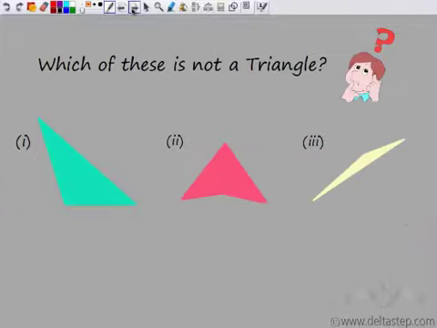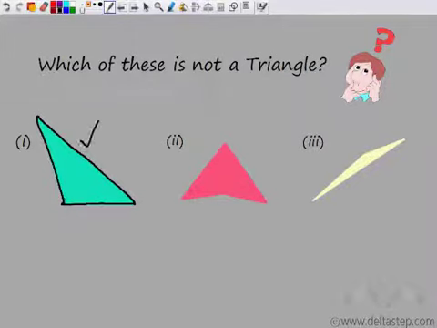So now, can you tell me which of these is not a triangle? Let's see. The first thing, we need to check 3 vertices and 3 sides. So let's look at this. 3 vertices and 3 sides. 2 and the third side. So it's a triangle.